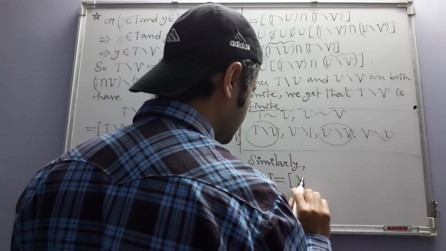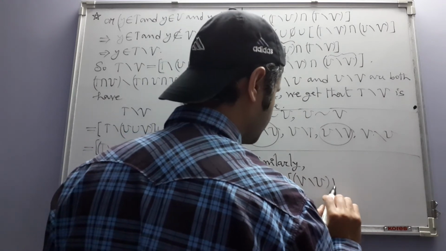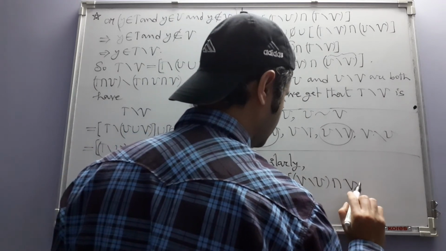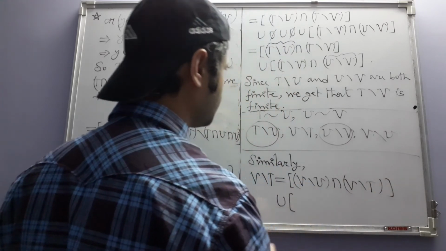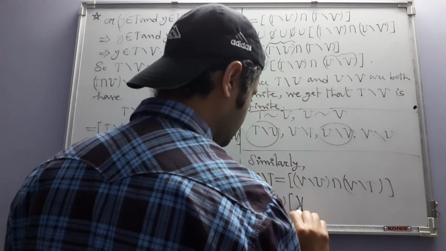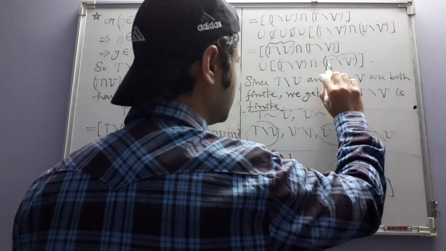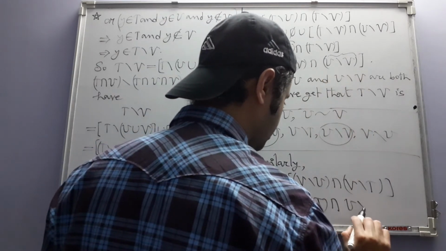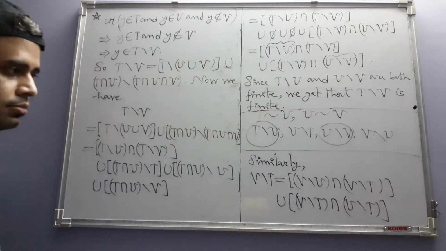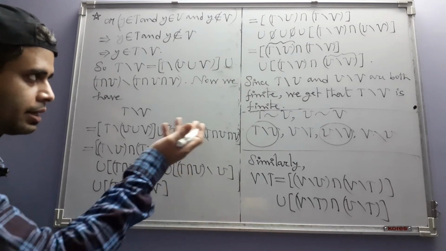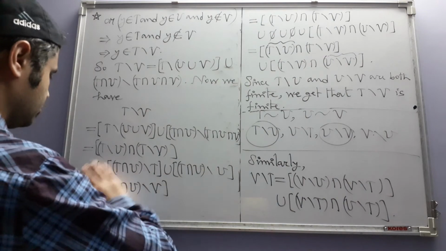So in place of T we have to write V, and in place of V we have to write T. So V difference T, union, V difference T, intersection, here in place of V we will write T. Okay, so just like that this one is also there.